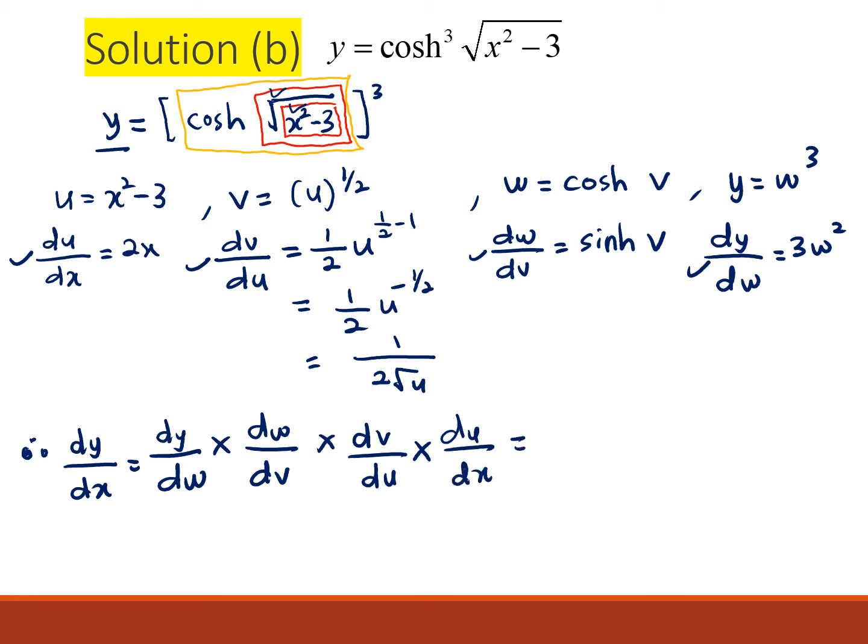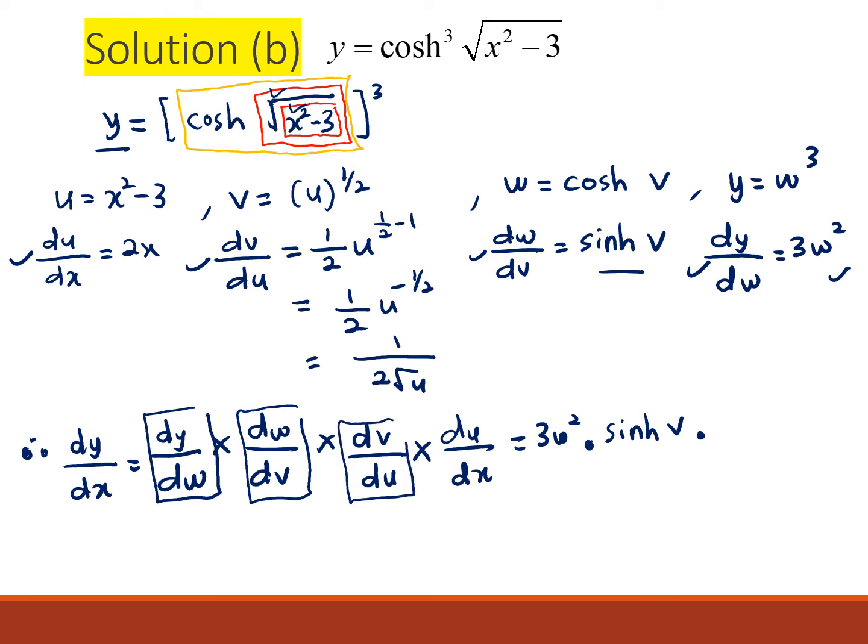So first, dy over dw is 3w squared, times dw over dv, which is sinh of v, times dv over du, which is 1 over 2 square root of u. Then the last one is du over dx, times 2x.